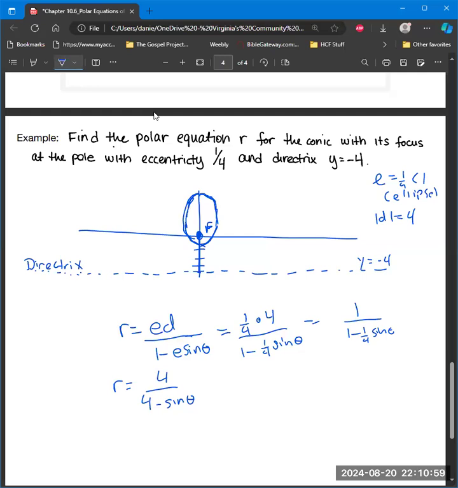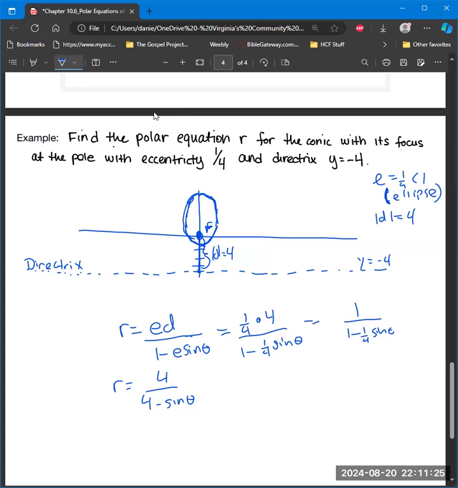An eccentricity of 1/4 is less than 1, so we know that this is an ellipse. The distance from our focus to the directrix we'll call d. The absolute value of d there is 4.